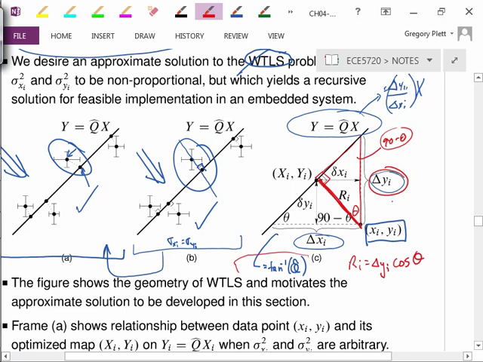But theta, we said, was equal to the inverse tangent of q. So I have that tan theta equals q. Theta and q look the same when I write them that way, don't they? Tangent of theta equals q. And so this here is equal to delta yi cosine theta. It's the cosine of the inverse tangent of q.